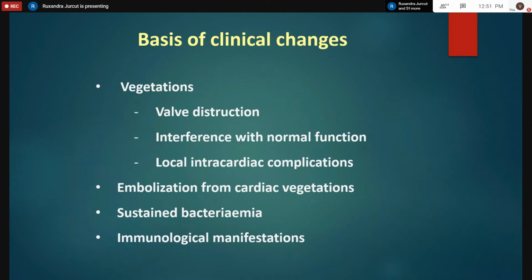So this is an important complication and physiopathological change. And then, of course, if we don't treat it correctly, there would be a continuous bacteremia, some sort of sepsis, and this can also lead to suffering of the organism.